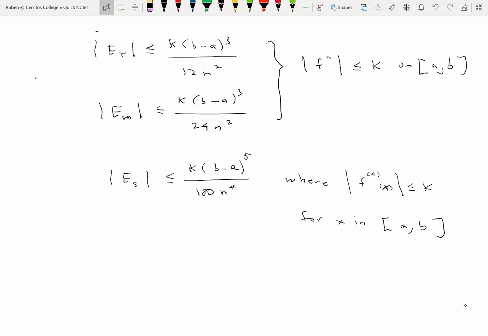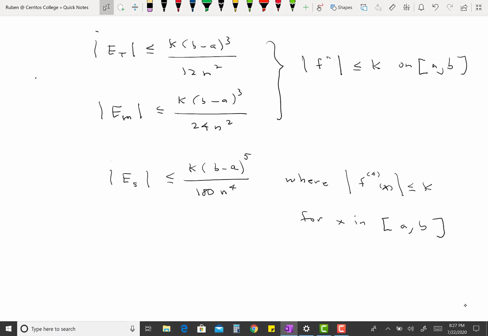But if you raise the same number to the 4th, you get a much bigger number, making that whole right-hand side much smaller. So the bottom line is that the magnitude of the error in Simpson's rule is much less than even the midpoint rule, by a tremendous amount. So let's do the same thing we did in the previous example with our integral, but with Simpson's rule.